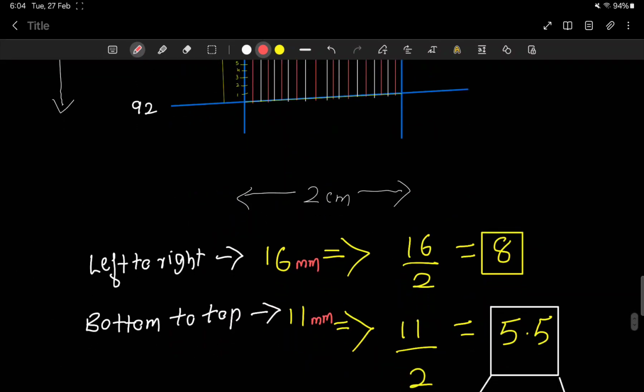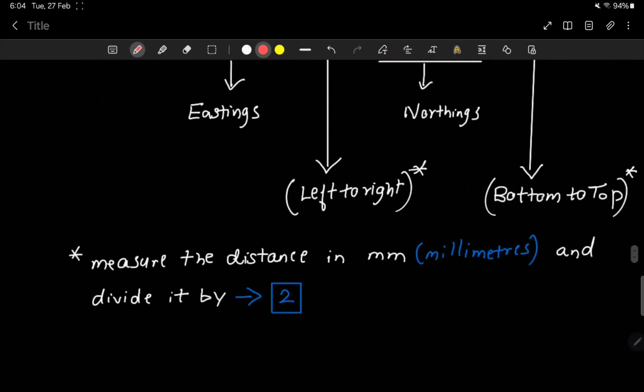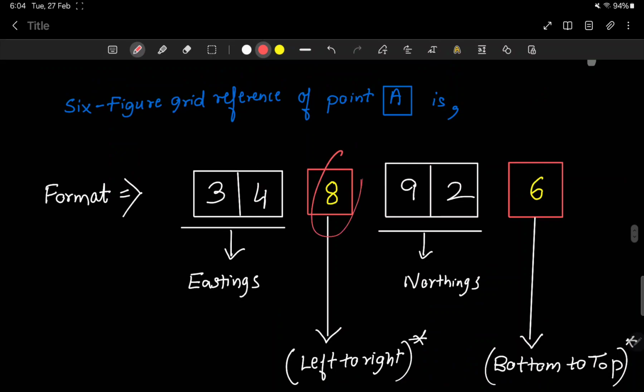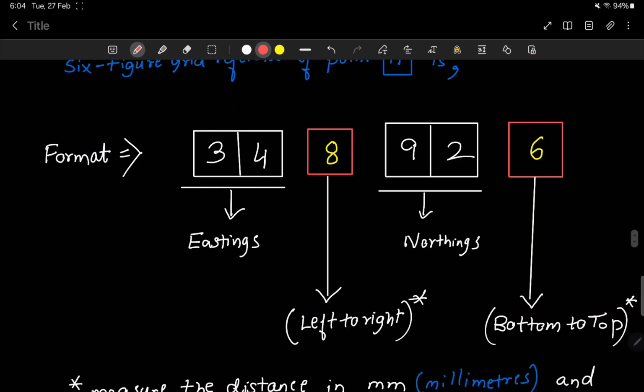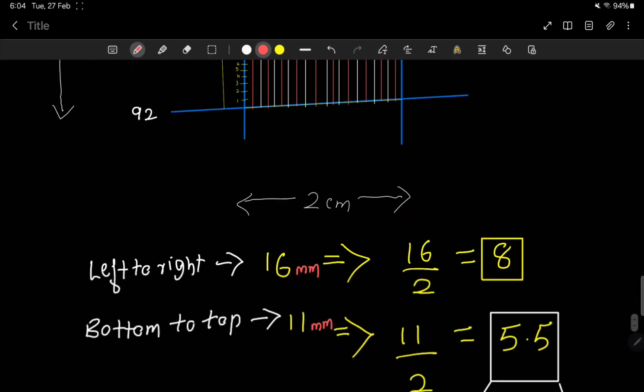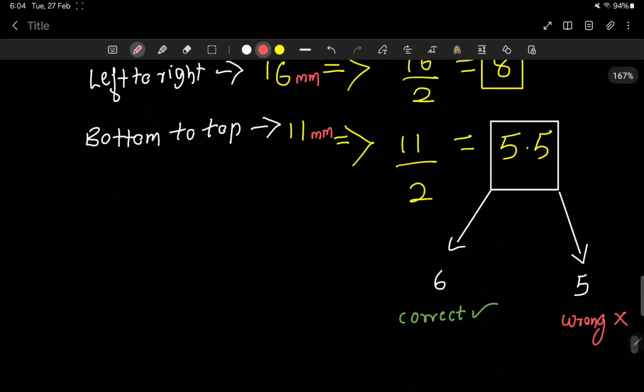The left to right value is 8, so we write 8 in the 6-figure reference like this. After this comes the reading from bottom to top. A point to remember: if the reading is an odd number, when you divide it by 2 you will get a decimal number.